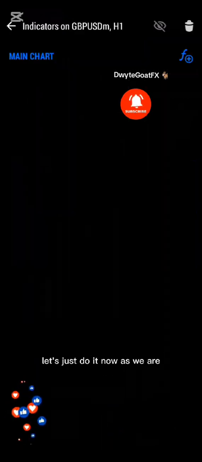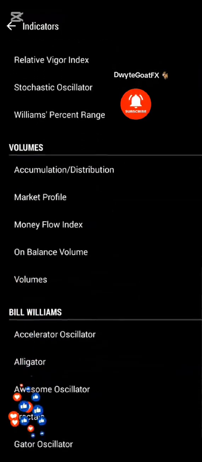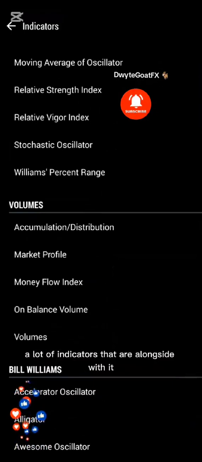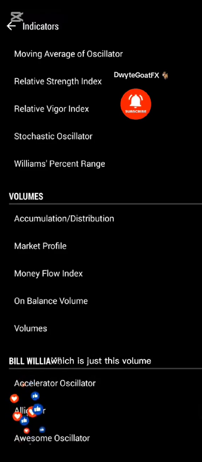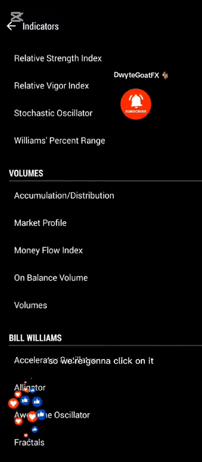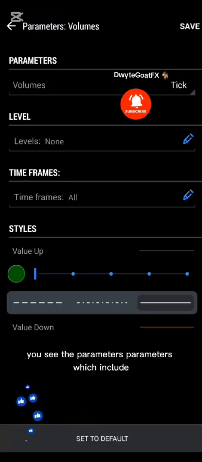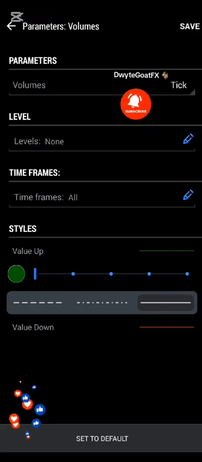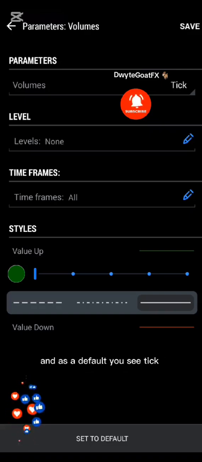Let's just do it now as we're studying together. Under the volume, you see a lot of indicators alongside it, but we are just going to talk about the major one, which is just this volume. Let's click on it. When you click on it, you see the parameters which include levels, time frames, and style, and under this parameter you see volumes, and as a default you see tick.